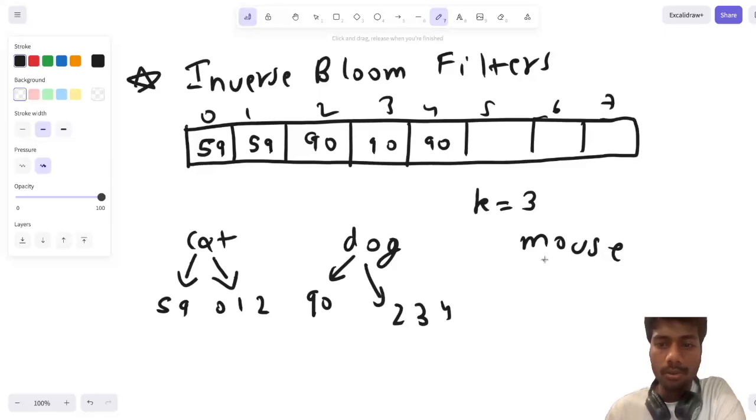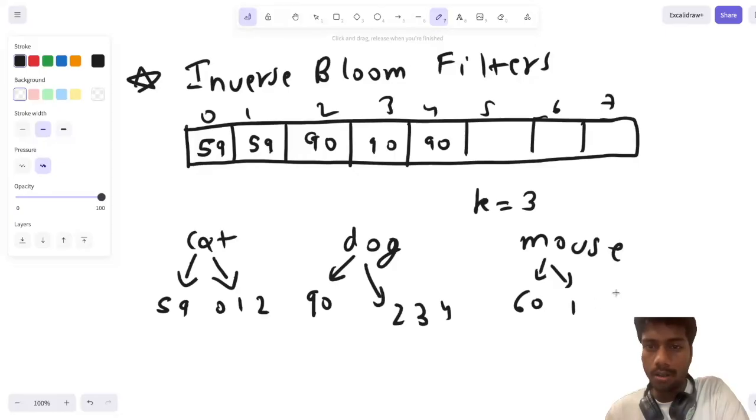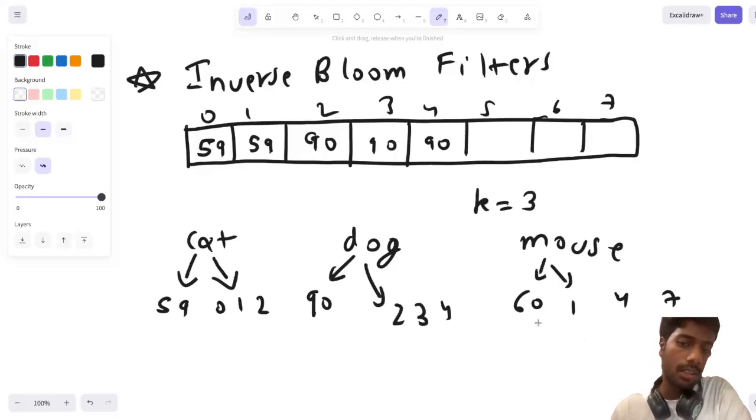Now suppose the mouse comes and wants to know if he is already in the Bloom lookup table or not, and let's say his fingerprint is 60 and the indices are 1, 4 and 7. First it will check: does the fingerprint stored in index 1 match mouse?